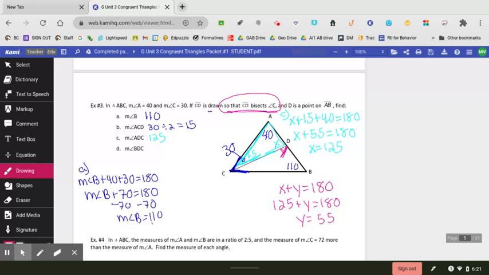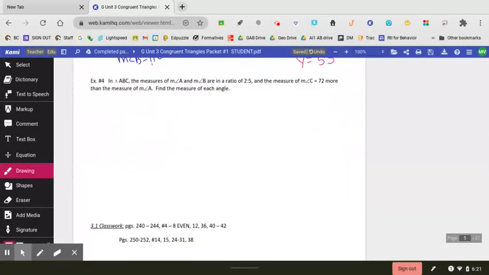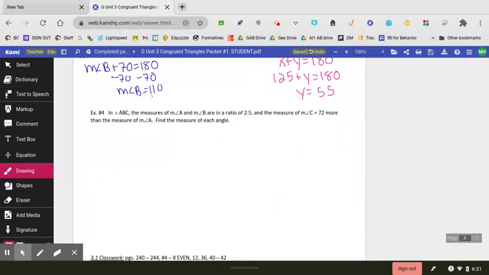And lastly, to find BDC, which I called y, x and y are adjacent and make a straight line. So x plus y equals 180. So 125 plus y equals 180. So y is 55. Our last example for the day is number 4. And that says in a triangle, the measure of angles A and B are in ratio 2 to 5.